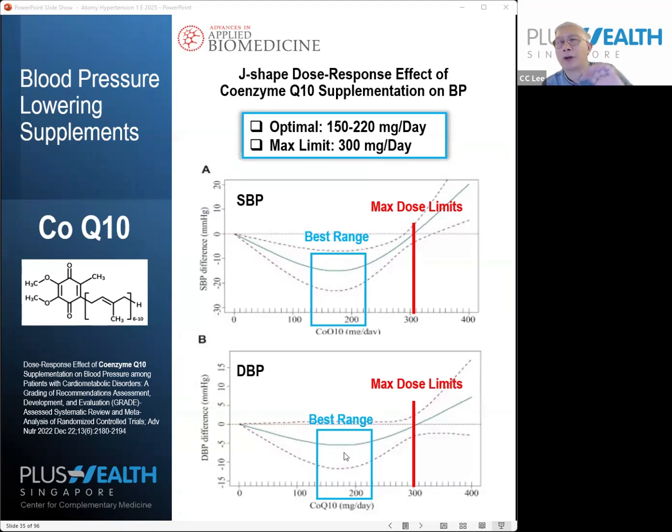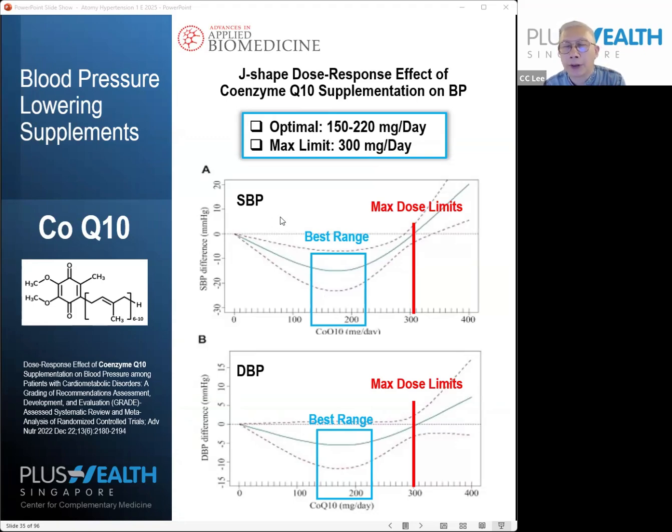The blood pressure actually drops the most. But if you overdose on coenzyme Q10, up to 300 mg per day, you can see in this curve that your blood pressure begins to go up. So there is a limit of overdose that you have to be careful about.